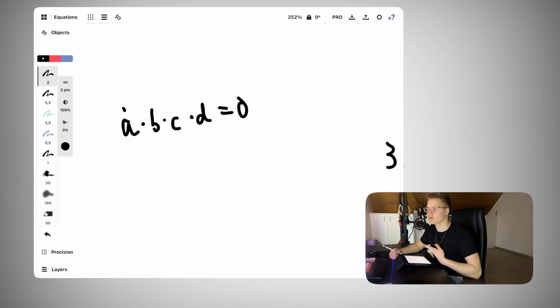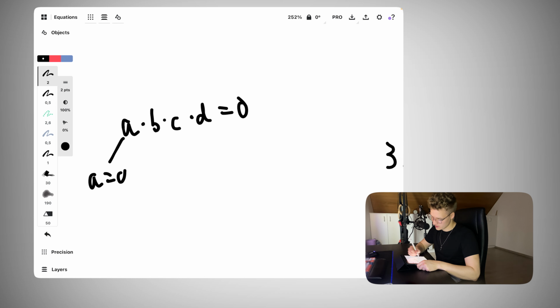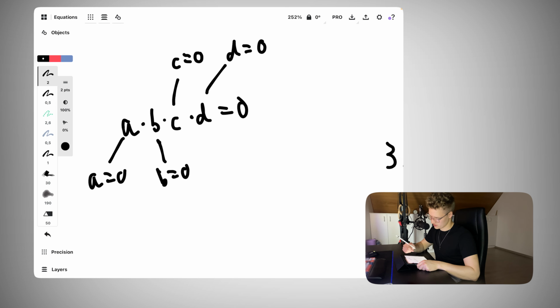When is this actually going to be 0? Well, it's going to be 0 when any one of these terms is 0, because anything times 0 is 0. So if a is 0, then this is true, or if b is 0, or if c equals 0, or if d equals 0.